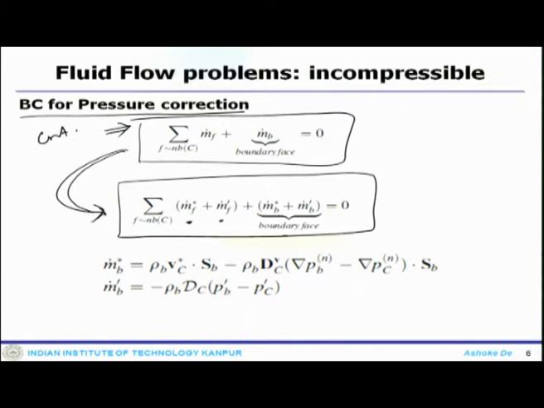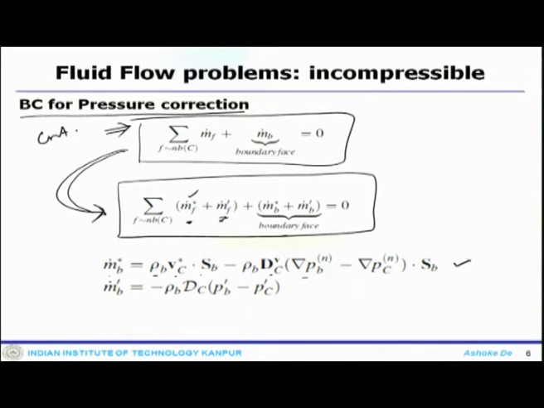Now, once you have this condition, the star mass flow rate is calculated intermediately during the process of the iteration, and the prime is the correction. When the solution converges, these corrections become 0, so the stars become the solution. One can also note that since at the boundary face only the boundary cell contributes to the average quantities, the equations can be slightly modified, like m dot b star equals rho b Vc star dot Sb minus rho b dCv, this coefficient, delta Pb minus delta Pc n dot Sb.